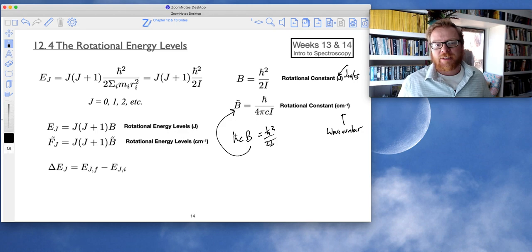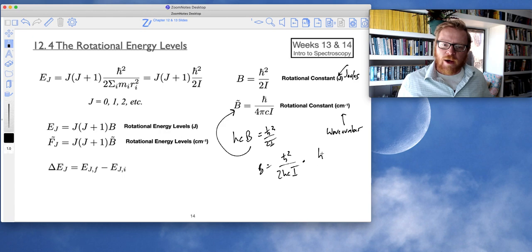Okay, so as you can see, I divide the hc over, and so that's going to be h bar squared over 2hc times I. And now it becomes convenient to absorb some of these constants, to absorb the h's together.